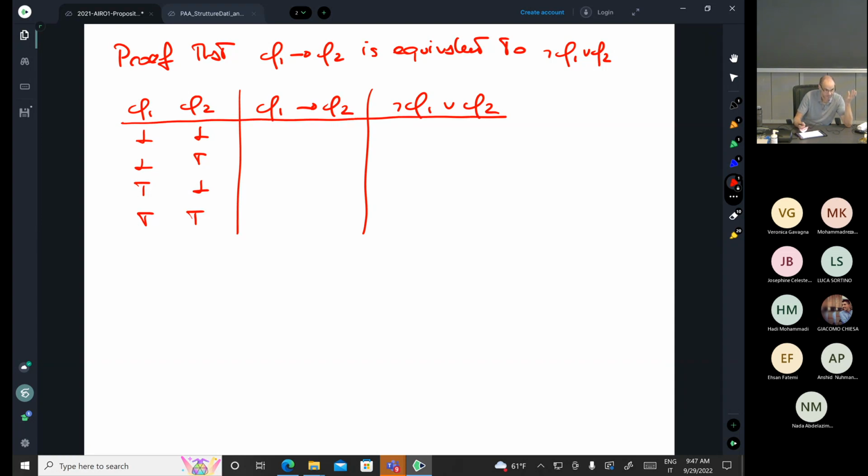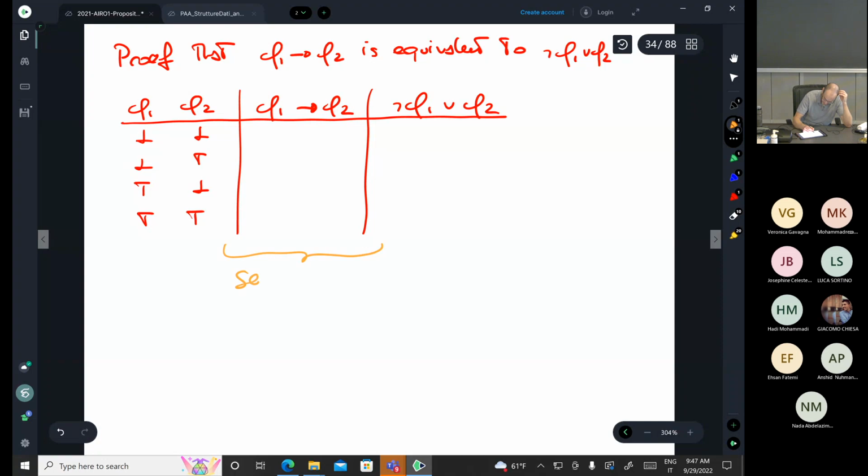Okay, so this is the semantics of phi1 implies phi2, okay? And we know that this is true, this is true, this is false, and this is true, okay?